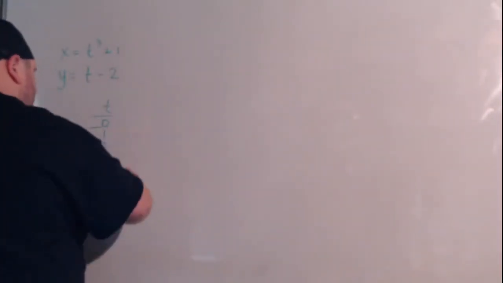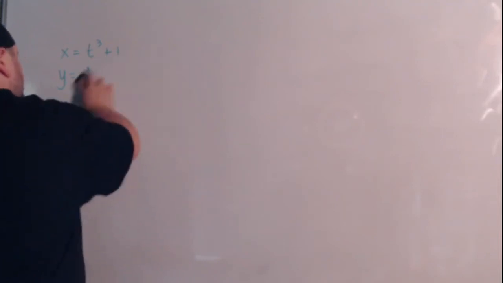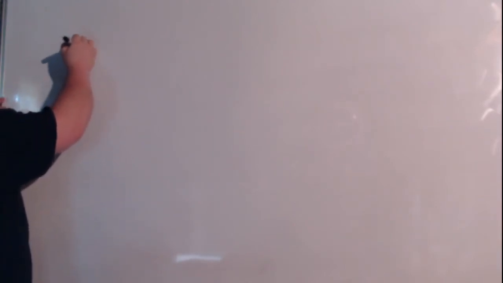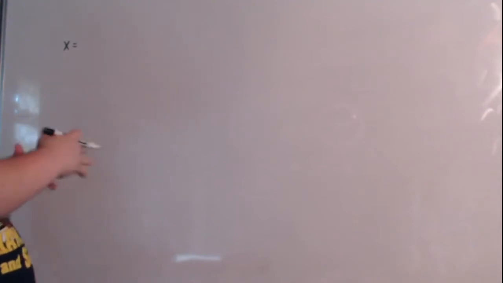And like I said, the intent for this class is to translate this into polar coordinates. So the next task that we're going to take on is to eliminate the parameter. So instead of graphing it, we can try and put the two equations together to solve for a function of y equals x, or x plus y equals something.